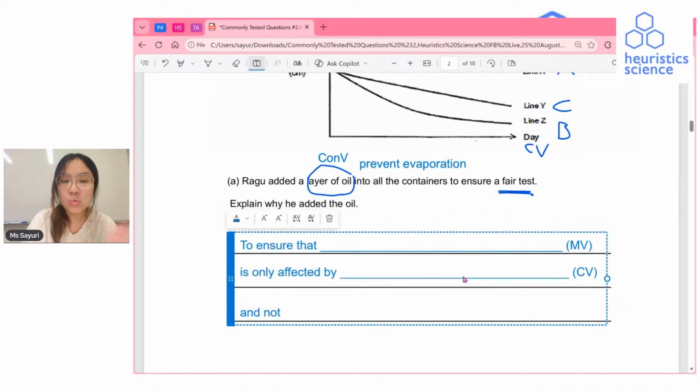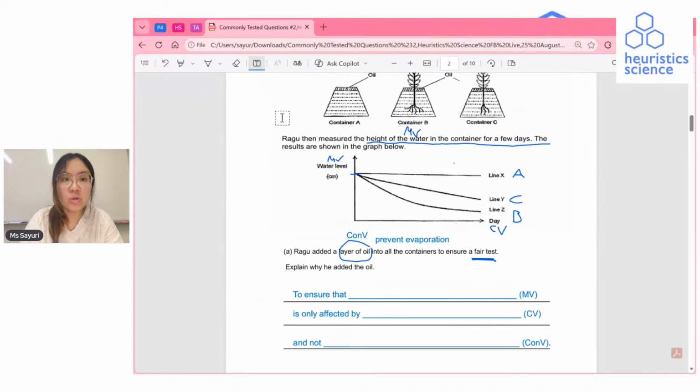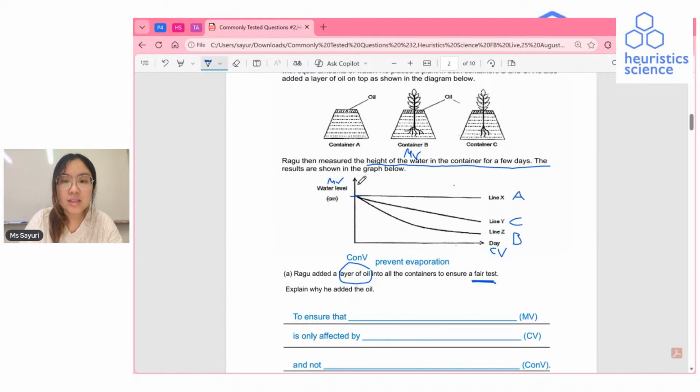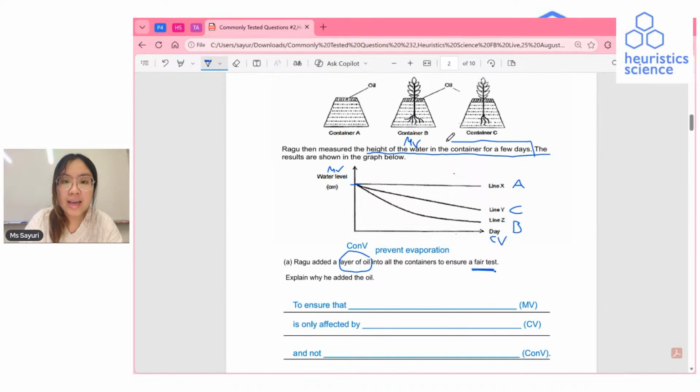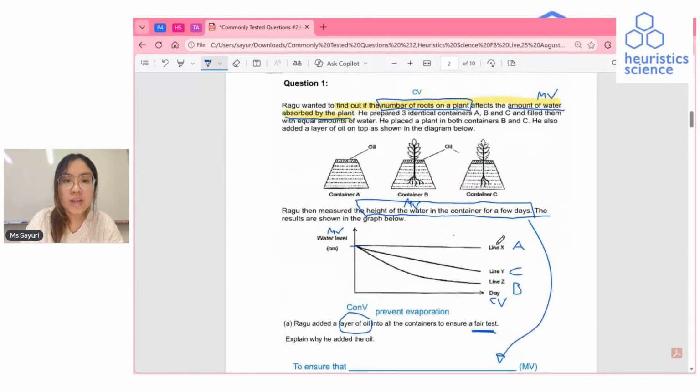So you don't want evaporation here. So, and not the evaporation of water. So constant variable is here. If I were to pen everything down, all I really had to do is copy back in. So to ensure that the height of the water after a few days is only affected by the change variable, which is the number of roots.